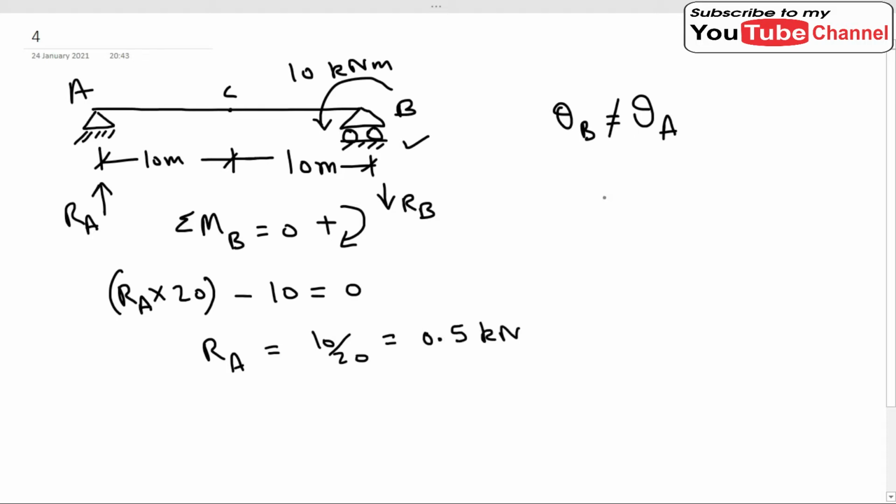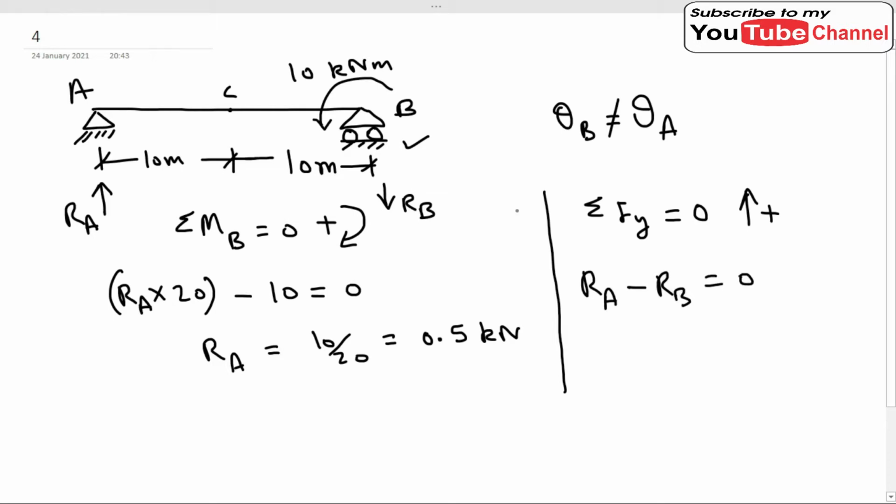Now we will apply sigma Fy equal to 0, sum of forces in the y direction, and we will take the upward direction as positive. So we have RA minus RB equal to 0 because there is no other external load in the vertical direction.